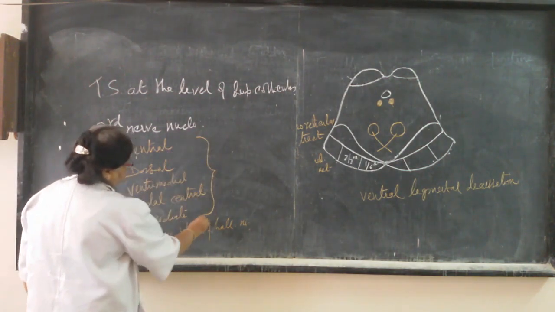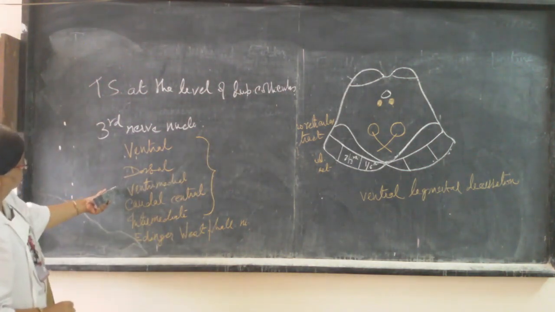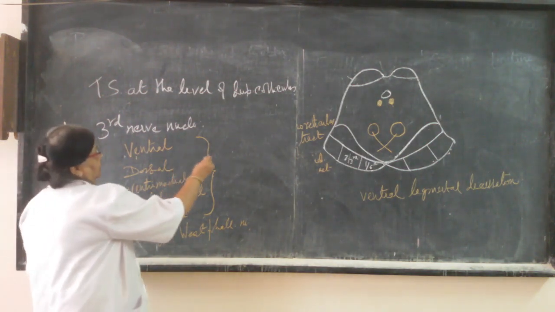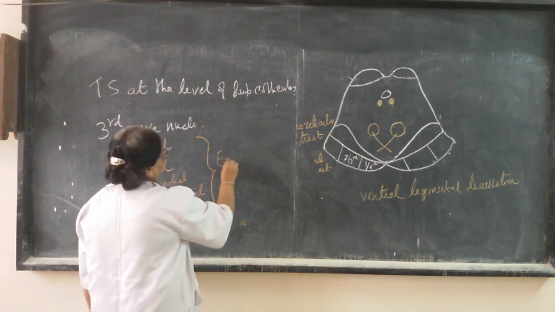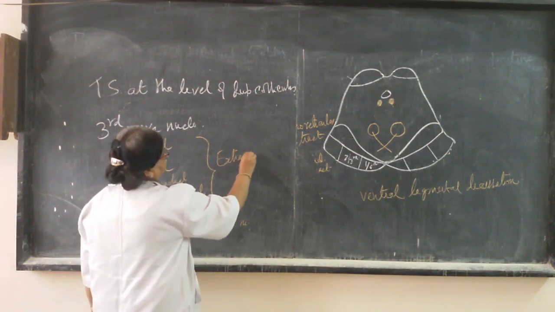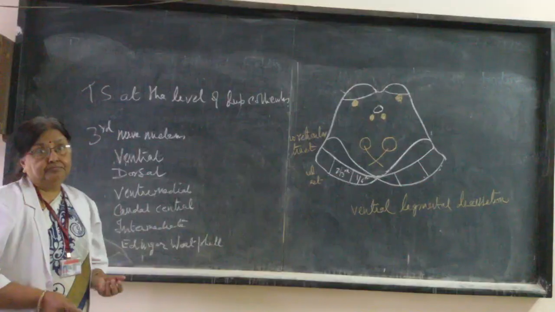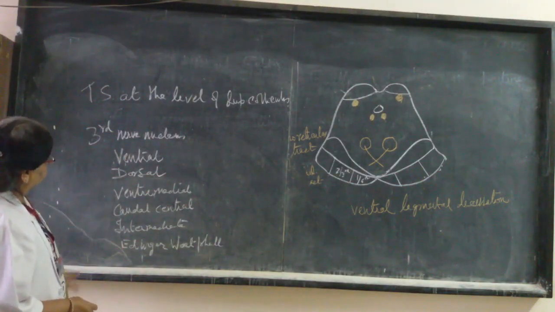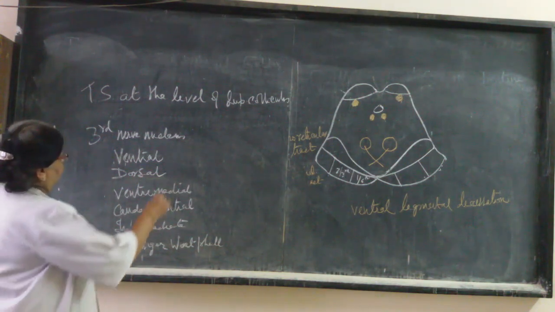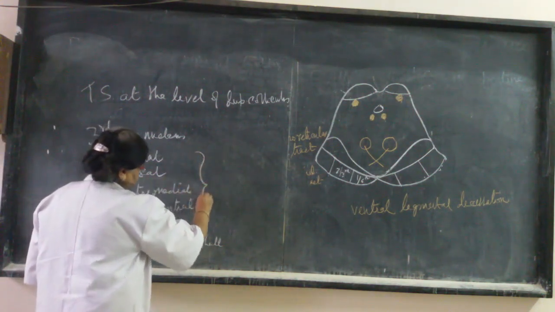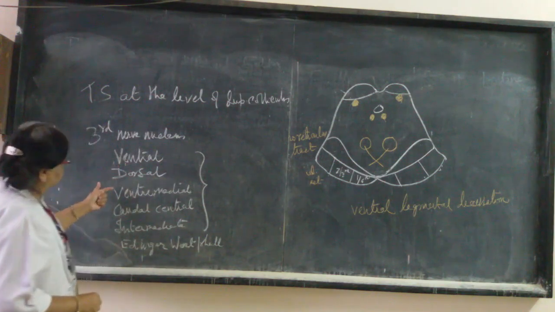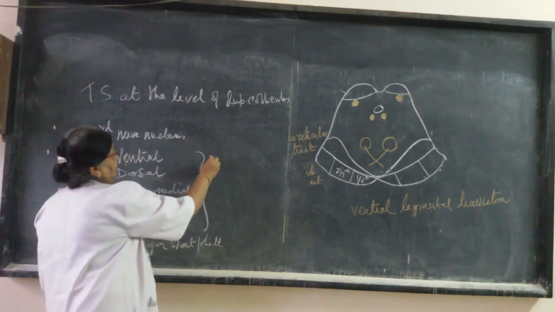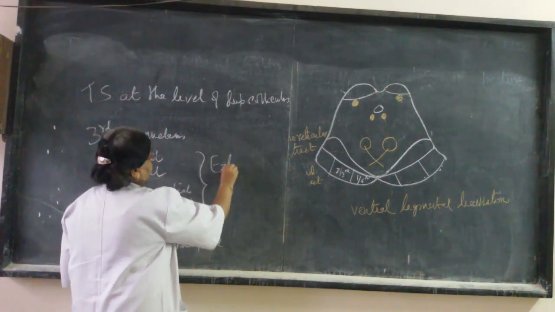The ventral, dorsal, ventromedial, caudal central, and intermediate nuclei supply the extraocular muscles of the eyeball.